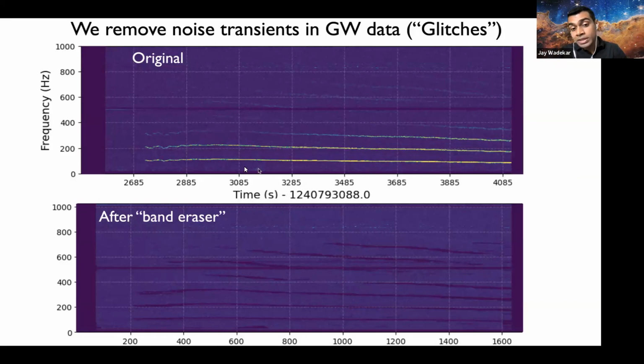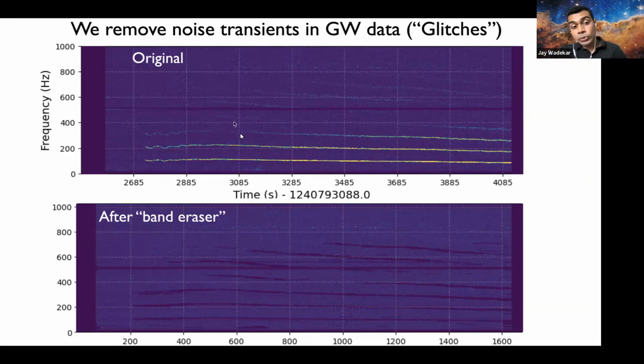One of the categories of these glitches is these slowly varying glitches over a long period of time. For example, in the data above, you have these lines that are seen in spectrograms. For people who are maybe not familiar, spectrograms are just time on the x-axis and the frequency on the y-axis.